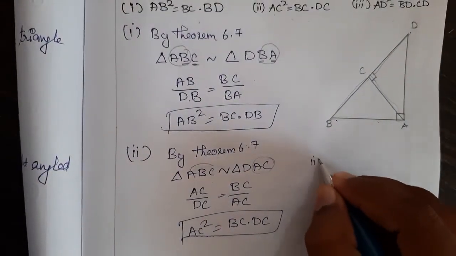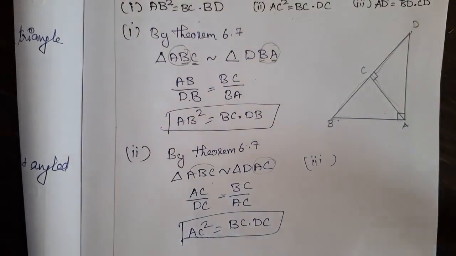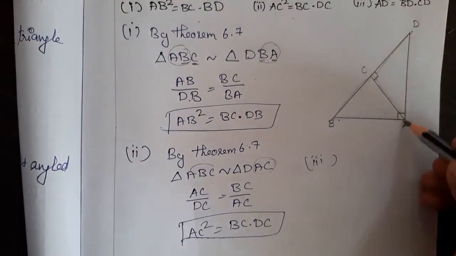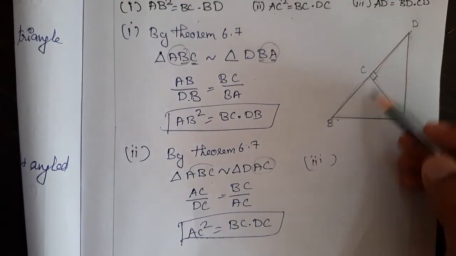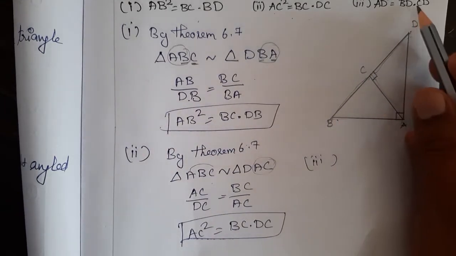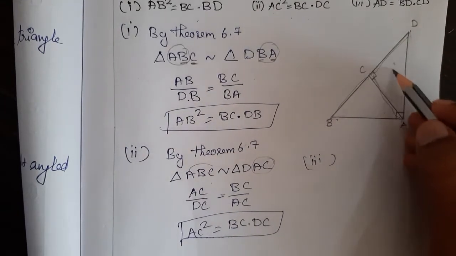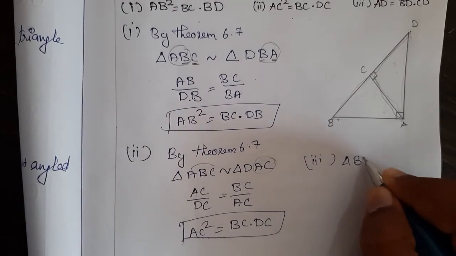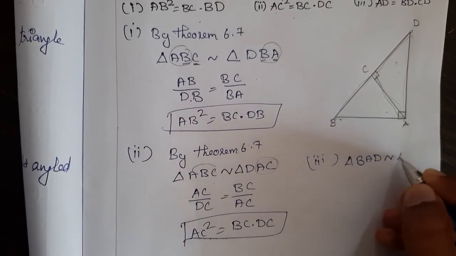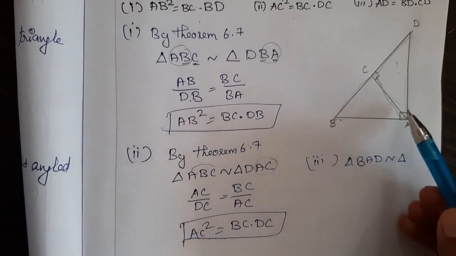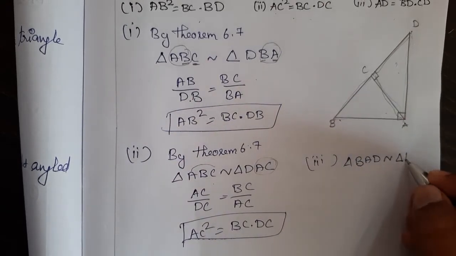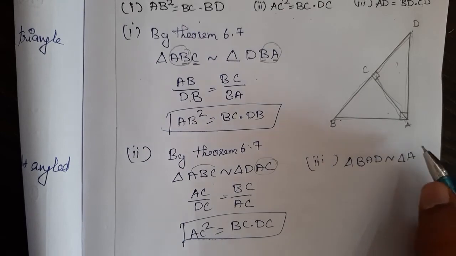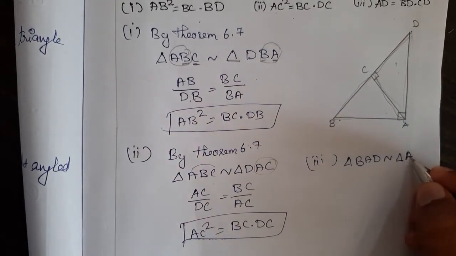And the next, the third one, AD square. So both have AD, it's BD, the big triangle, and CD, this small one. So triangle BAD will be similar to triangle ACD.